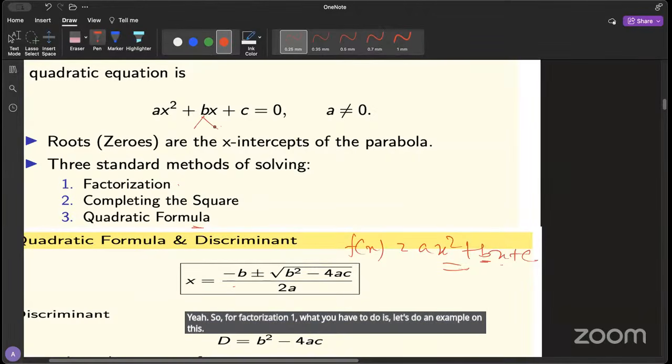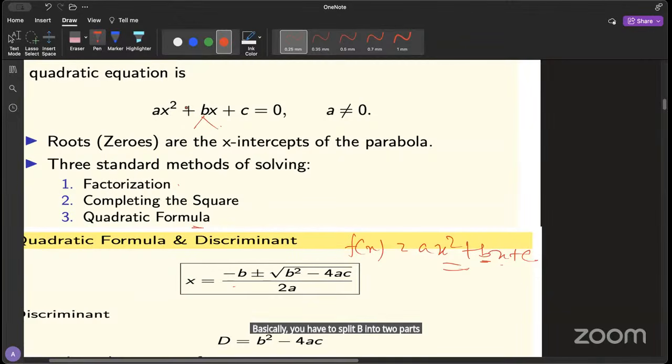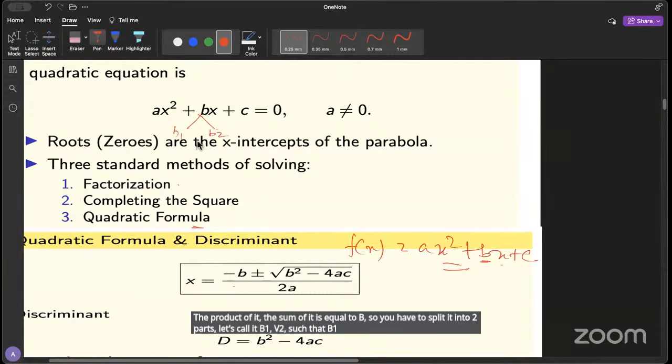Basically, you have to split b into two parts, b1 and b2, such that b1 plus b2 is equal to b, and the product of b1 and b2 should be equal to ac, the product of a and c, right? Let's do it using an example.